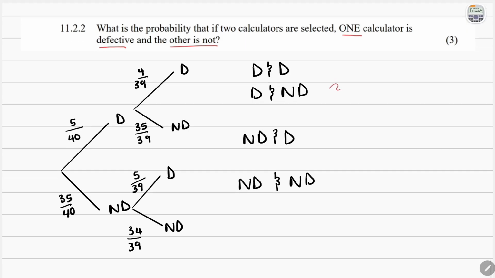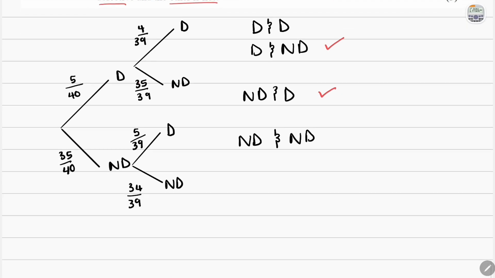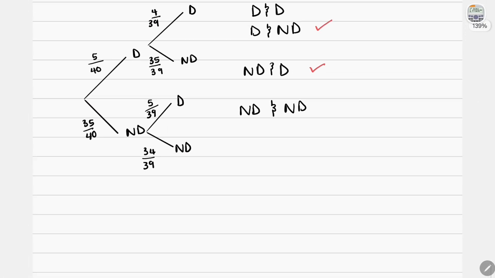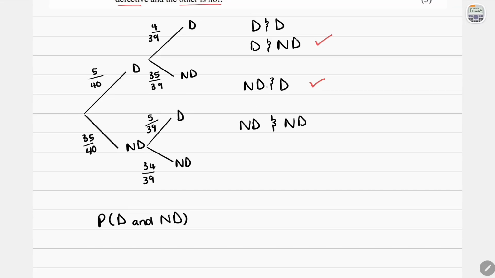You see that there are 2 outcomes that we have like that, defective and non-defective and non-defective and defective. So we're just going to have to take that. So here's how we'll find that. We're taking the probability that we're going to pick out a defective in the first, and a non-defective in the second, and we're taking this. So we're just saying we could take this or this, meaning we're going to add these values.